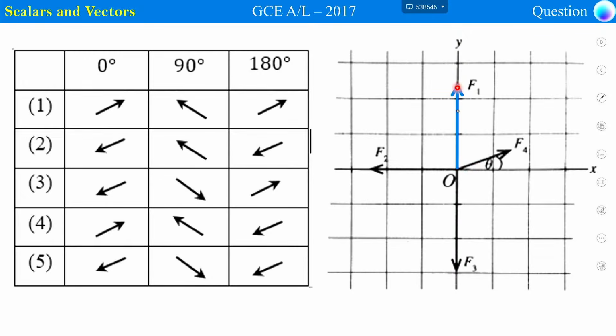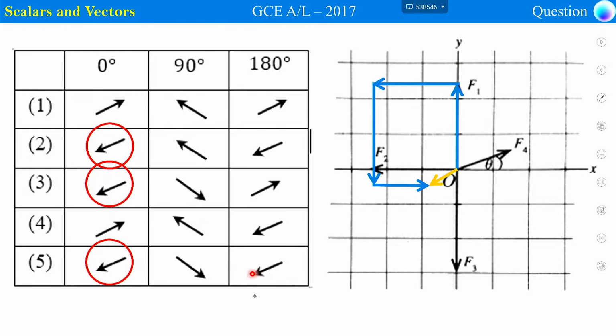This is F1, this is F2, and this is F3, and now we have the horizontal vector, theta equals 0. Okay. So this length but horizontal. So the resultant, from the starting point to the end point, this is the direction. So what are the most probable ones? 2, 3 and 5. Okay. So we go to the second case, 90 degrees.